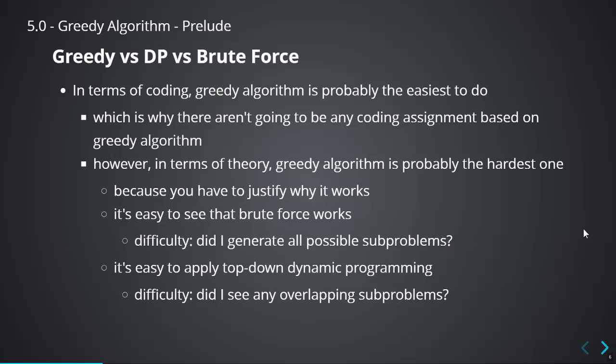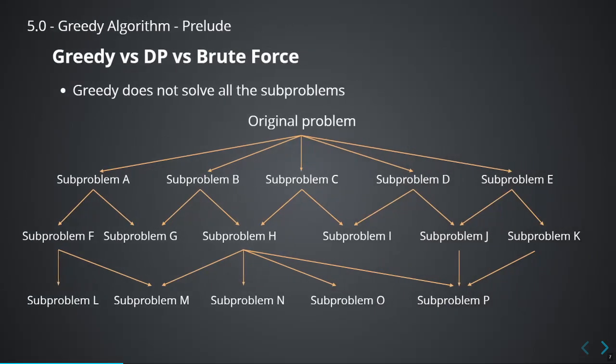Greedy algorithm, on the other hand, is different because you're not going to go through all subproblems. So let's say subproblem O contains your optimal solution, or would be part of your optimal solution. If you are using brute force, you will have to go through all of them to identify subproblem O as part of the optimal solution.